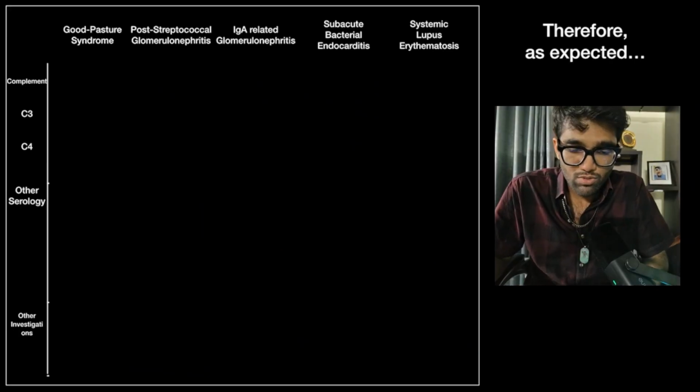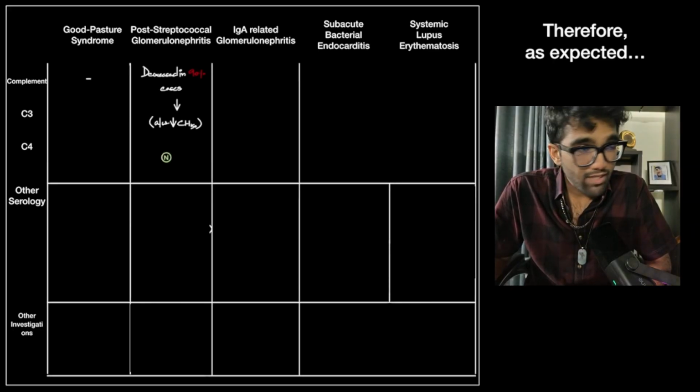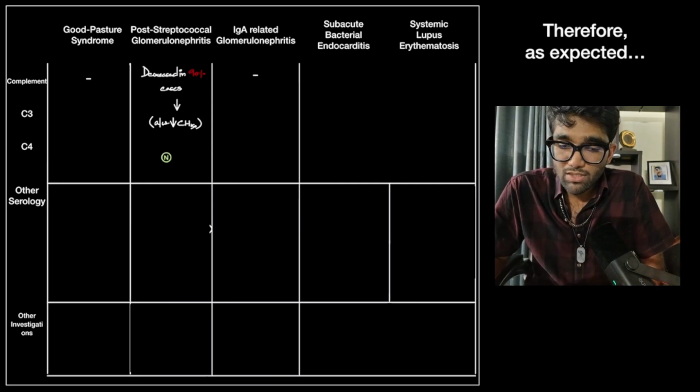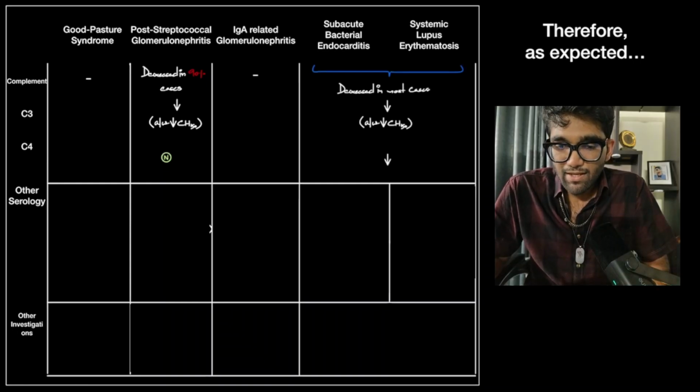Okay, how serum complements differ among these five pathologies. Basically, as you would expect, in Goodpasture syndrome, C3 and C4 levels are normal. In post-streptococcal glomerulonephritis, hypocomplementemia is almost universal, present in 90% of cases, but you have a reduction in C3 and, interestingly, not in C4, and we'll see why that is the case.